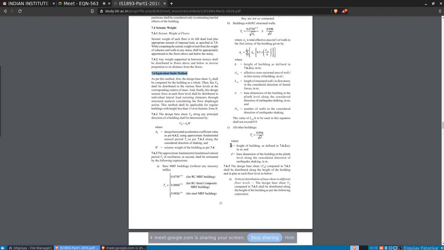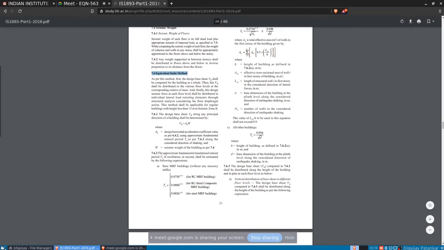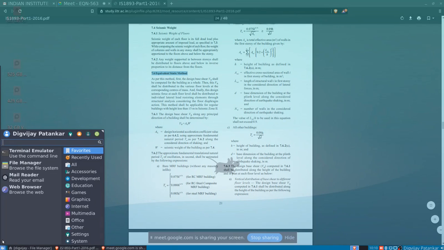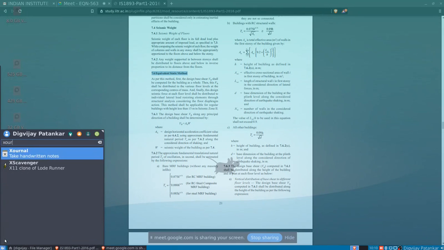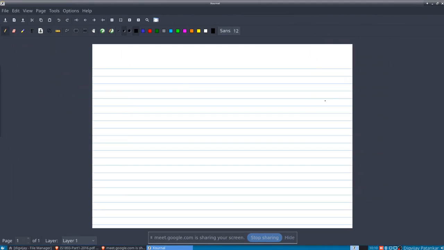I think we have discussed it a little bit in our first lecture, when I discussed response spectra and how to consider multi-story buildings. At the end somebody had asked a question and I told that there are multiple ways of doing that. One of them is the equivalent static method, where we take equivalent force.